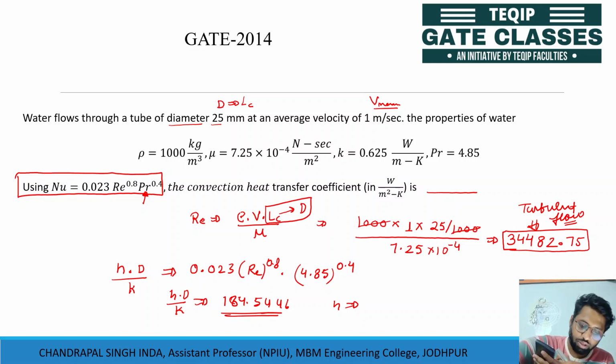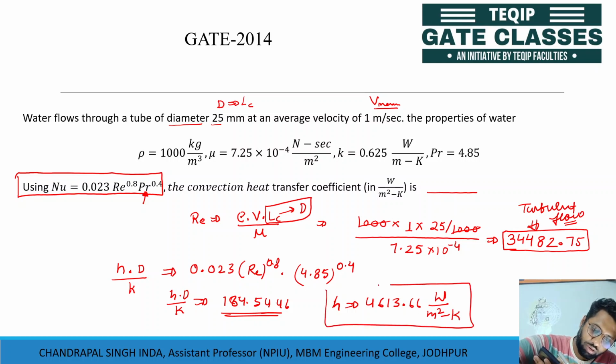So the convective heat transfer coefficient h will be equal to 4613.66 watt per meter square Kelvin. This is how we find the convective heat transfer coefficient for internal forced convection.